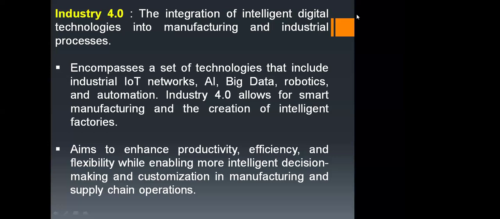It is the integration of intelligent digital technologies into manufacturing and industrial processes, encompassing a set of technologies including IoT, the Internet of Things, or, specifically for the manufacturing and industrial sector, industrial IoT networks, artificial intelligence, big data, robotics, automation, and smart manufacturing.